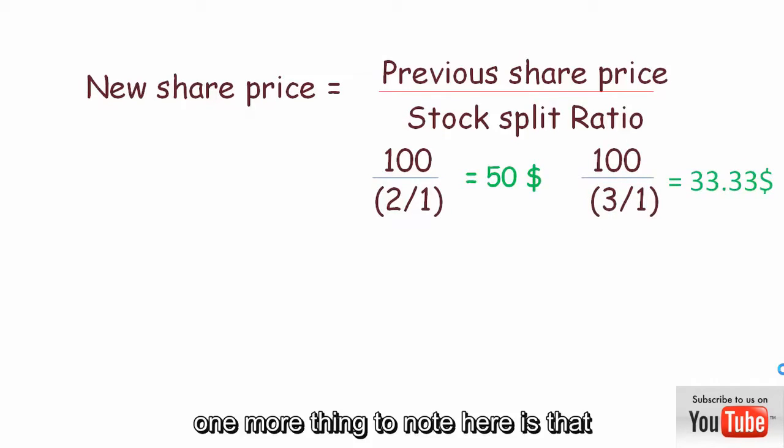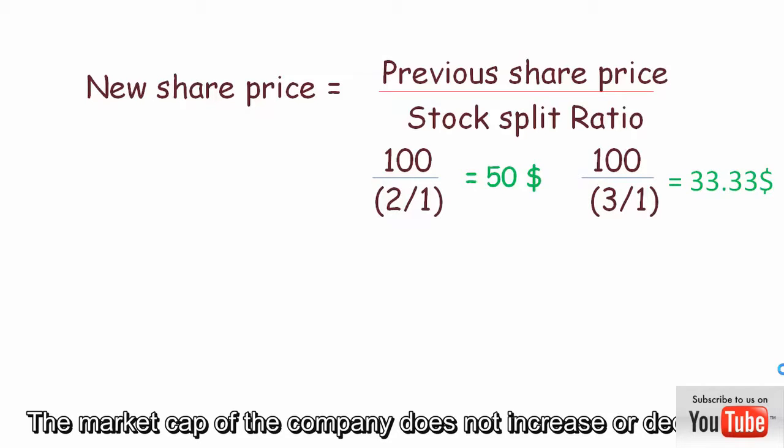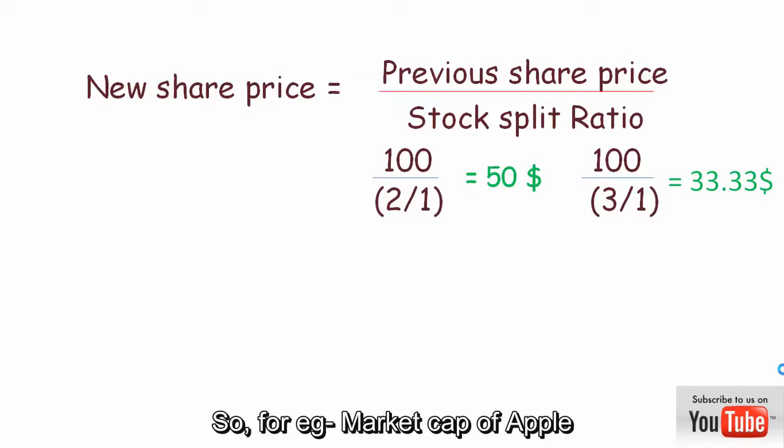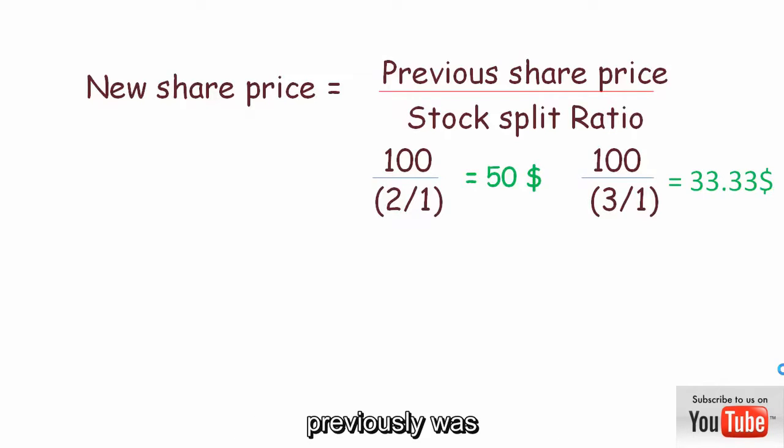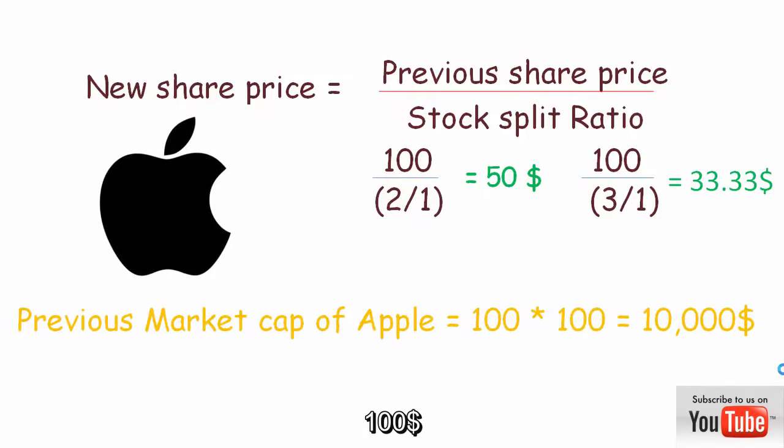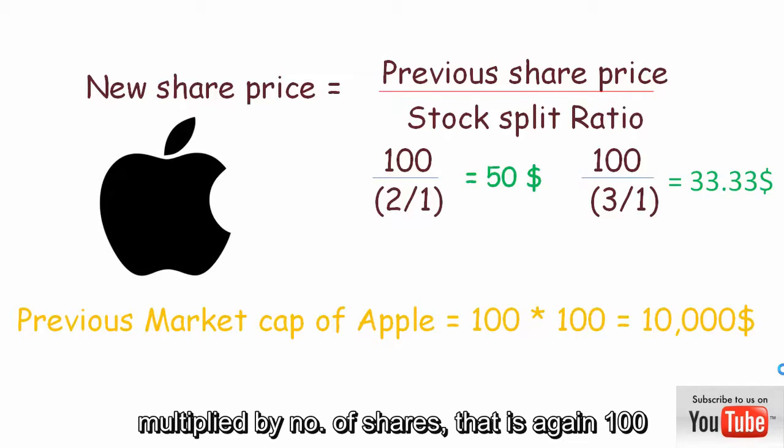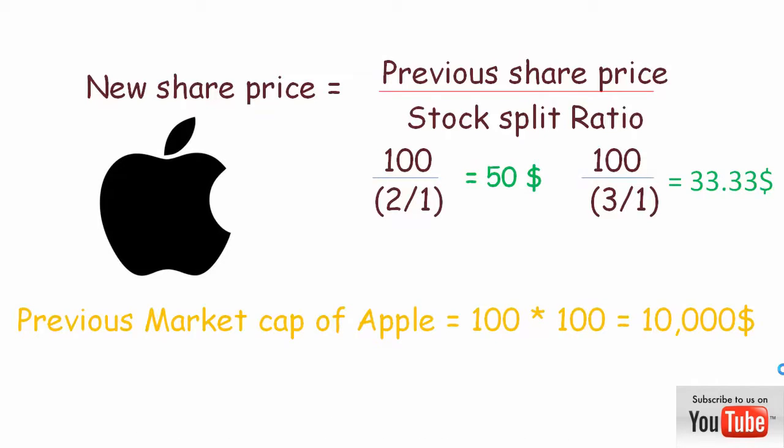$33.33. And one more thing to note here is that the market cap of the company does not increase or decrease. So for example, the market cap of Apple previously was $100 into 100. That would be share price, that is $100, multiplied by the number of shares, that is again 100, which would be $10,000.